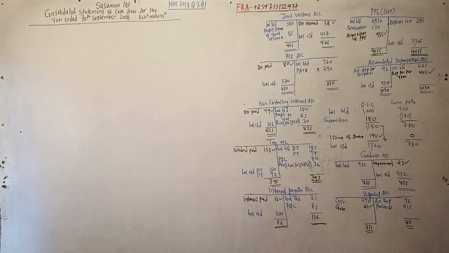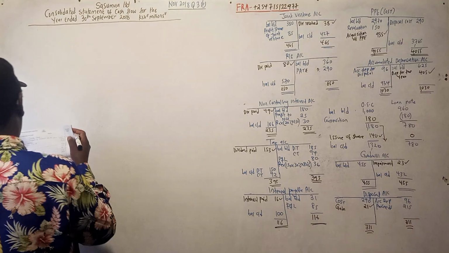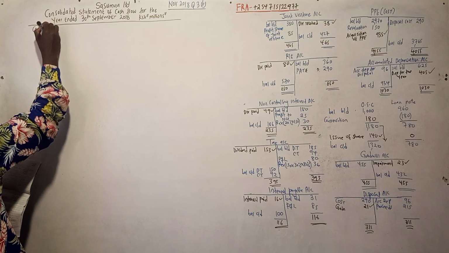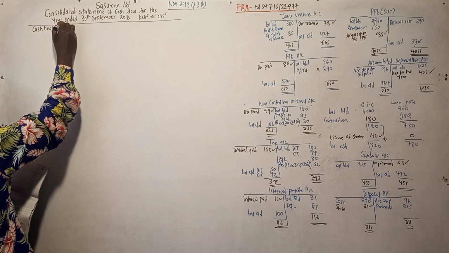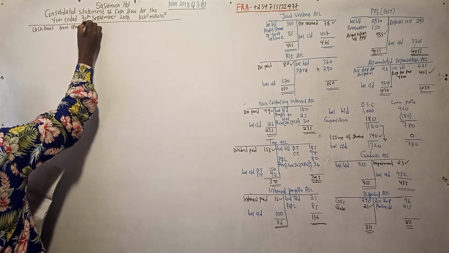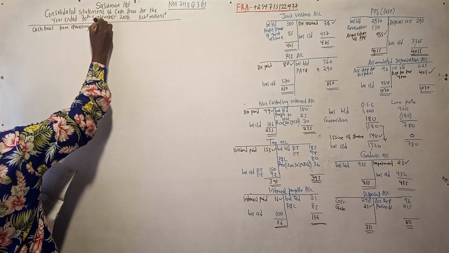Just a moment, I add ink to my pen. Now let us move on. So we say cash flows from operating activities.